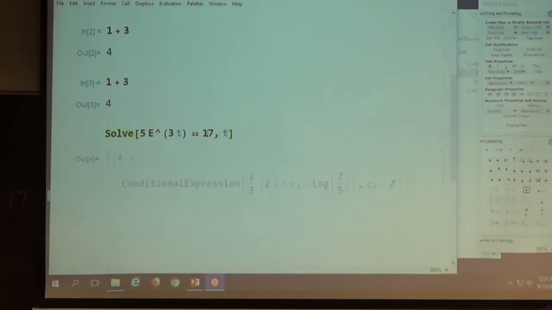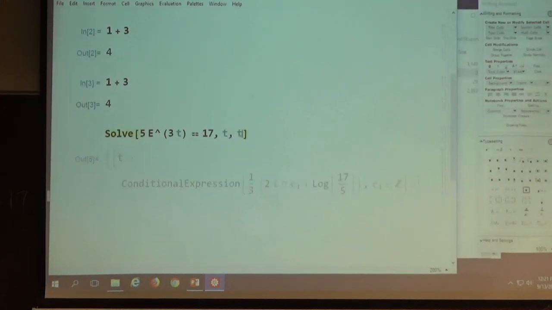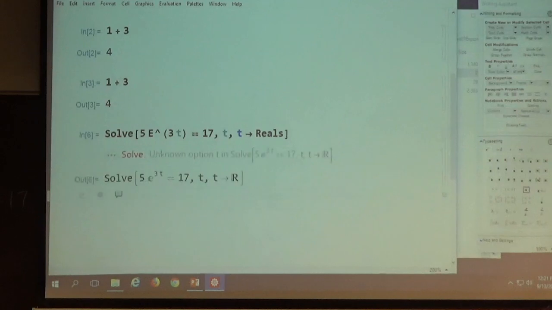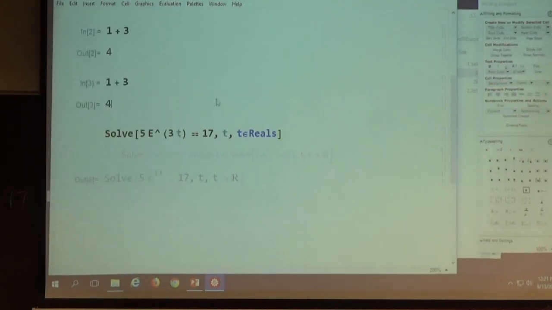Well, it's still weird. I don't know why it's doing this. It's making it more complicated than it needs to be. It doesn't usually do that. So I should have tried this ahead of time.